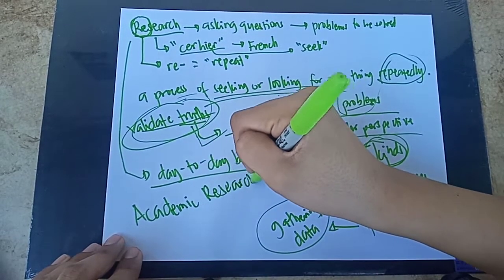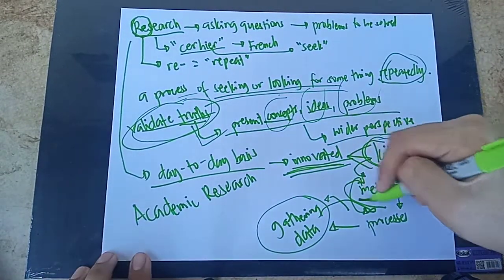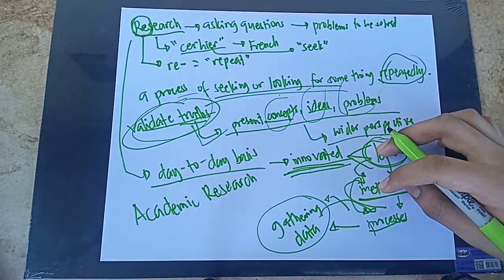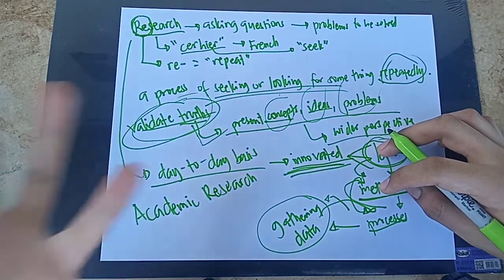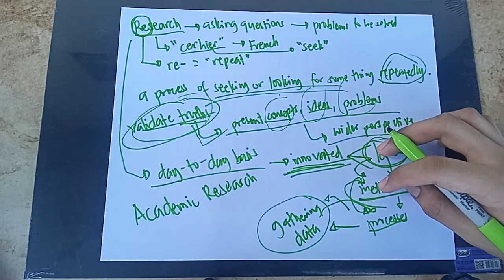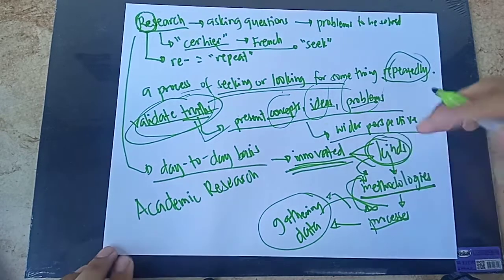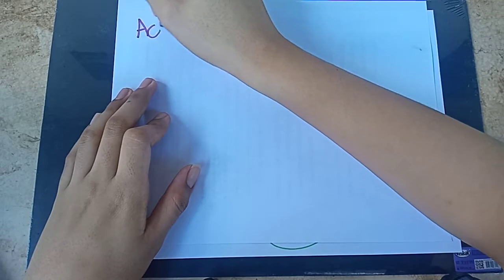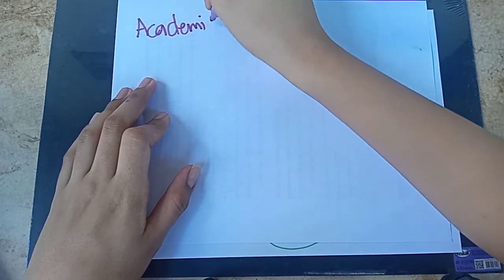As research is innovated with different methodologies and processes, there is one form that consists of a well-structured and well-disciplined research process, and that is academic research. So, how do we define academic research? Let's write it down: academic research.